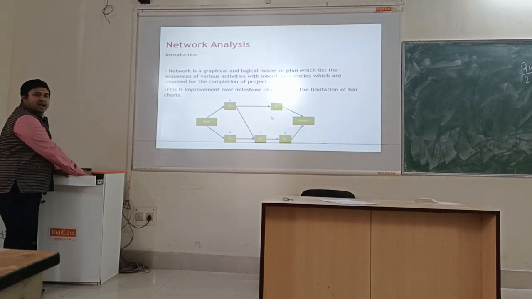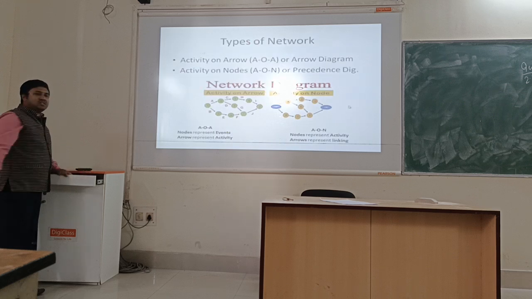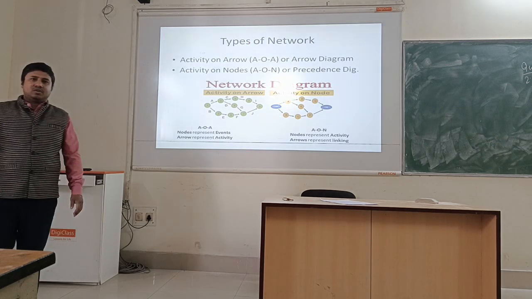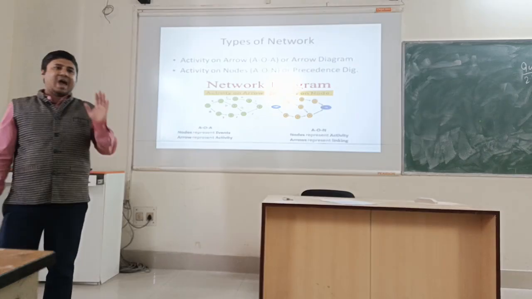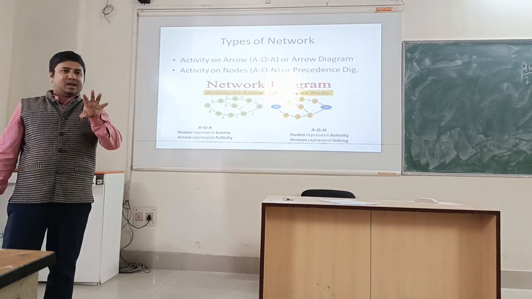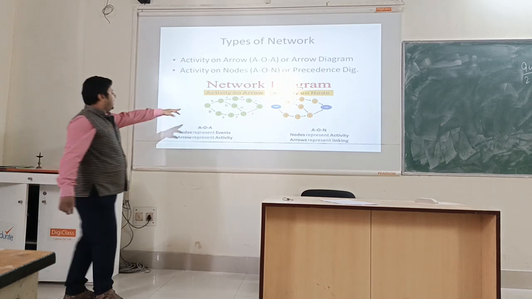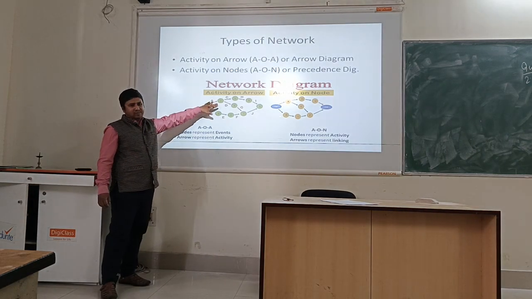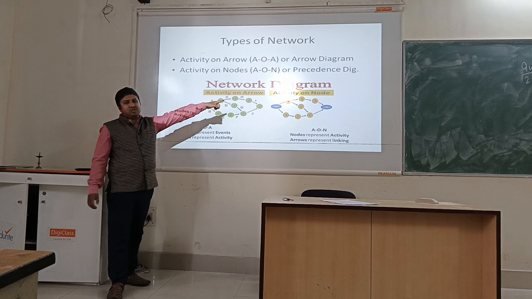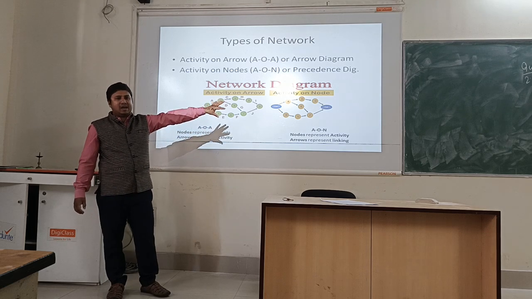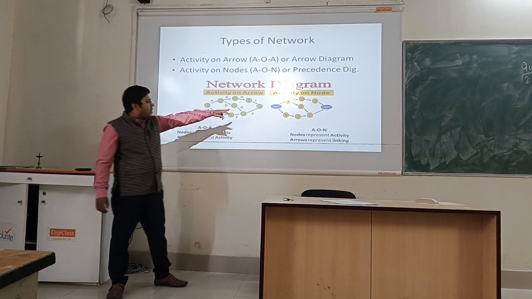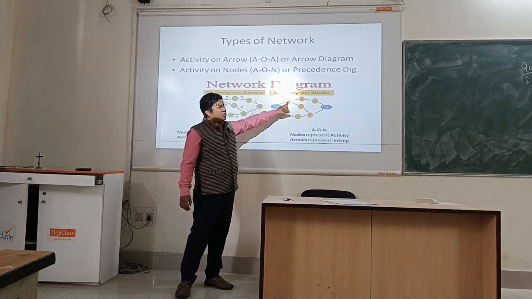Network analysis overcomes all the limitations of the Gantt chart and the milestone chart, and that is why we use the network diagram. The network diagram can be of two types. One is the activity on arrow (AOA) diagram, where the arrow represents the activity. Another is the activity on node (AON) diagram, where the activity is represented on the node.